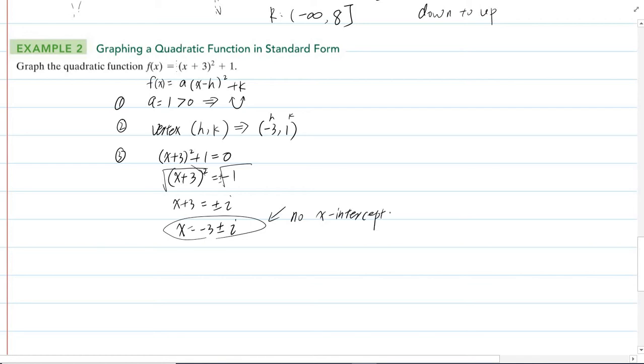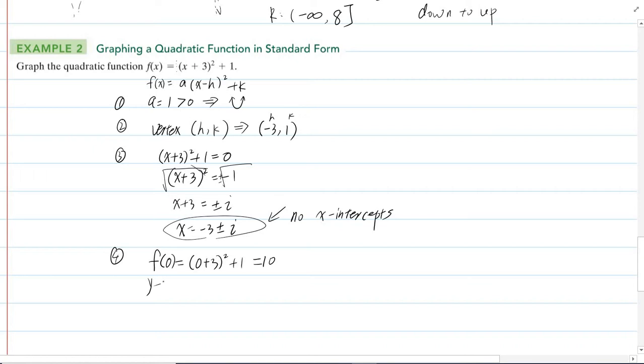We mentioned that earlier. So let's continue. Step 4 is finding the y-intercept by evaluating f(0), we just put a 0 for x, that will be (0 + 3)^2 + 1. In this case, this is 3 squared, 9, plus 1 is 10.